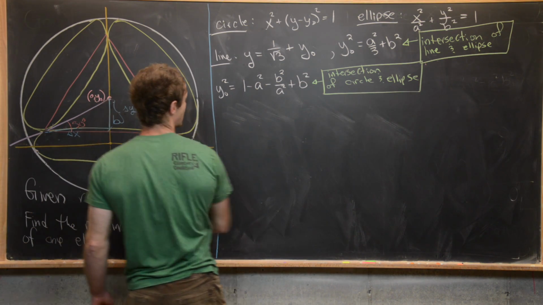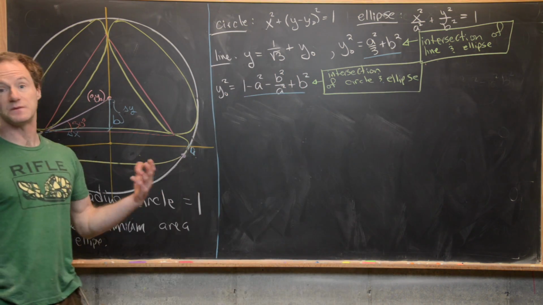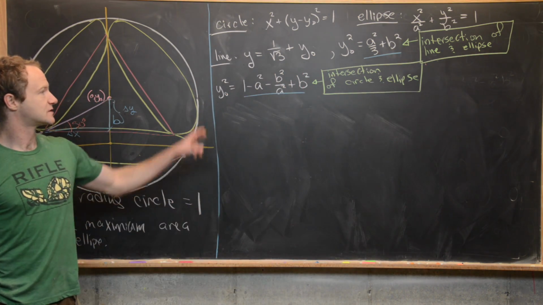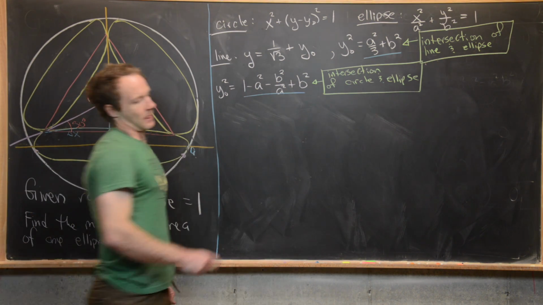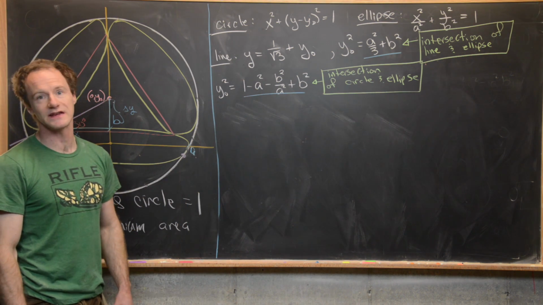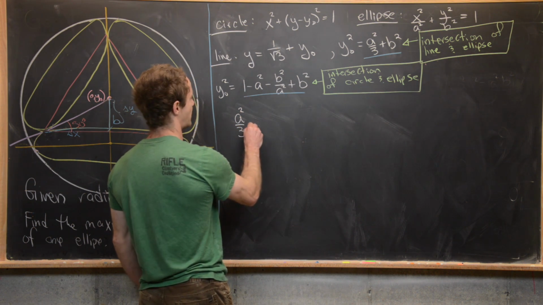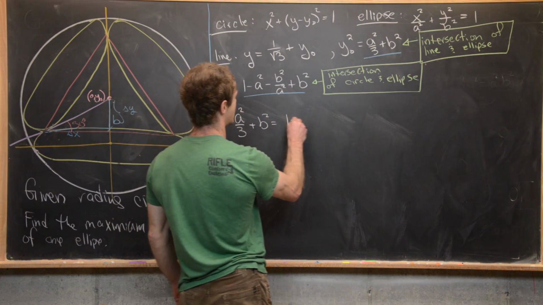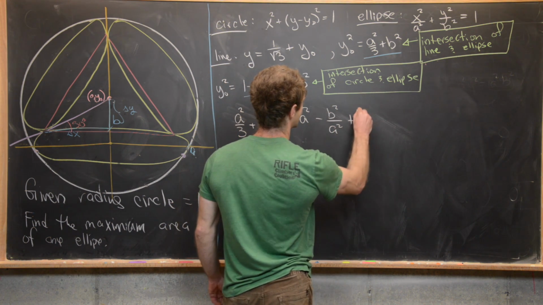So I'm going to exploit that to maybe rewrite a in terms of b or b in terms of a. So I'll set those two blue underlined things equal to each other. That gives me a squared over 3 plus b squared equals 1 minus a squared minus b squared over a squared plus b squared.